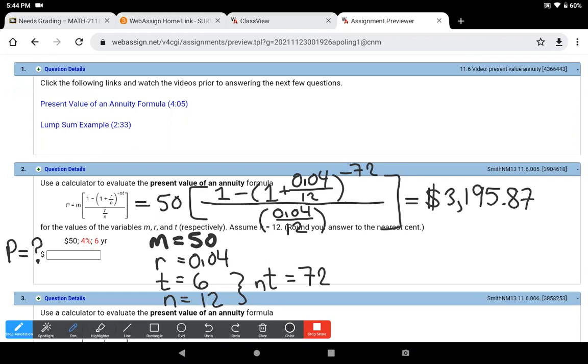So the present value of this annuity is this amount.